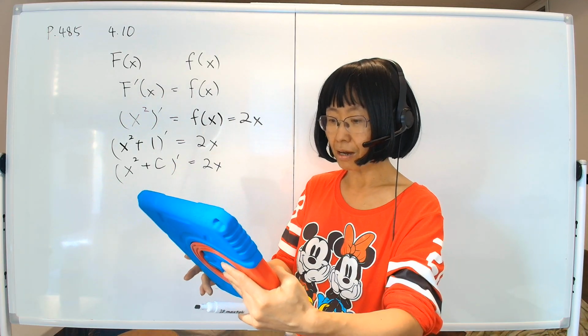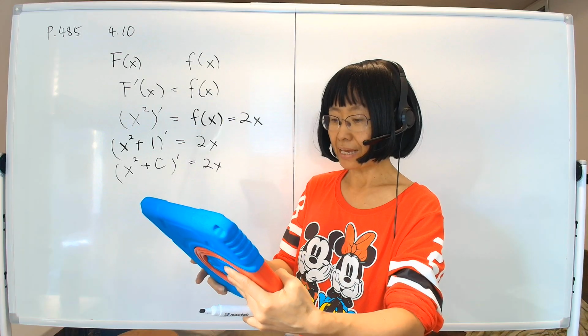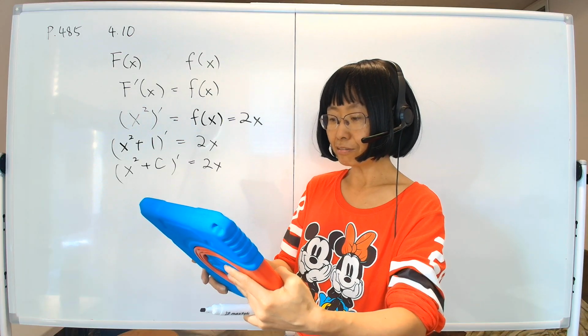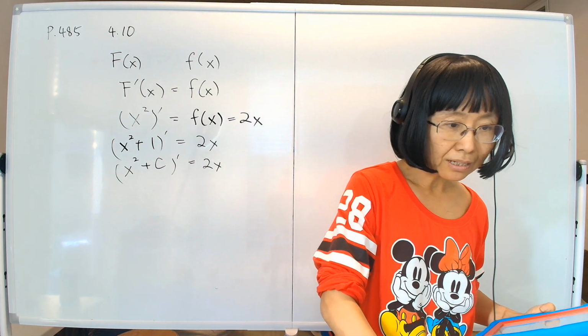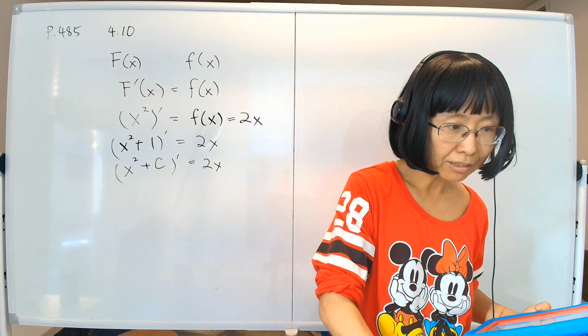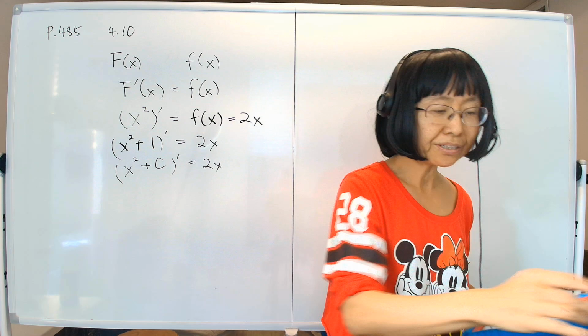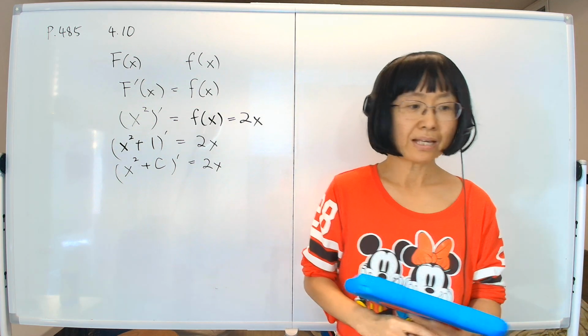Look at the bottom of the page, where we are going to quote Corollary 2 of the mean value theorem.